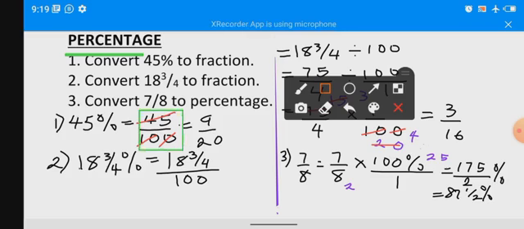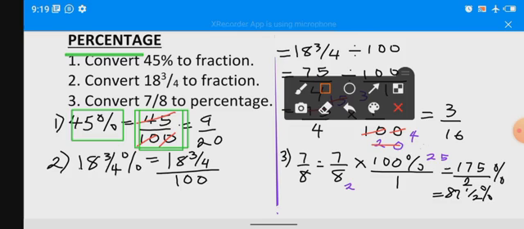So 45% is equal to 45 over 100. Writing it in this form has transformed the percentage into a fraction.